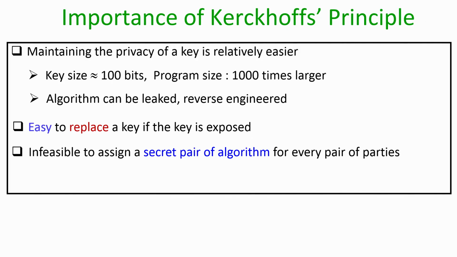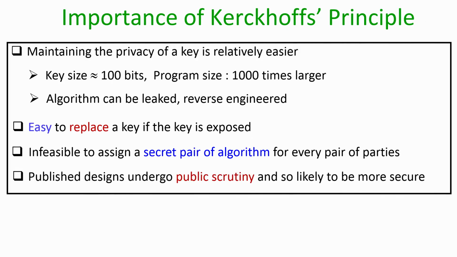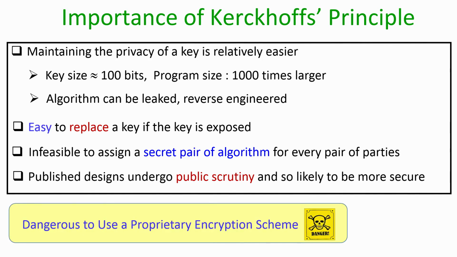And most importantly, if your encryption and decryption algorithms are publicly available, they go through public scrutiny, and if something has been proved to be secure even after existing for the last 30-40 years, then we have strong confidence that those published algorithms are more secure compared to an algorithm about which you do not know any details. So, the summary here is that it is extremely dangerous to use any kind of proprietary encryption process.